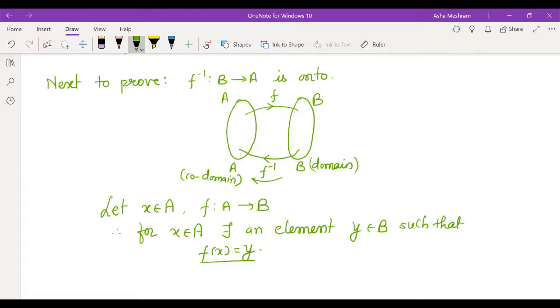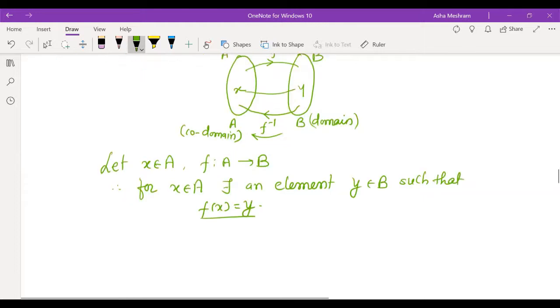So we considered one element x here, and for this particular element under the mapping f, we have got this y. Now we can write that f inverse of y is equal to x for the same statement, because f inverse exists.